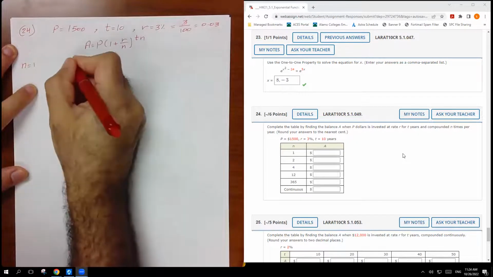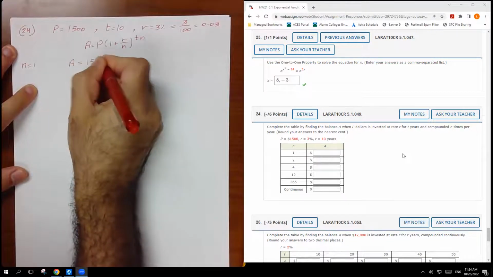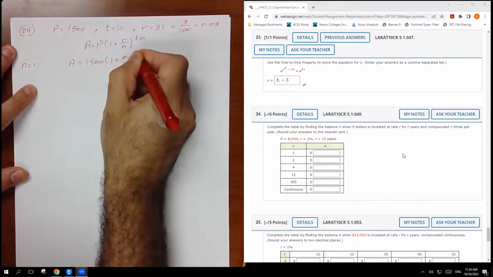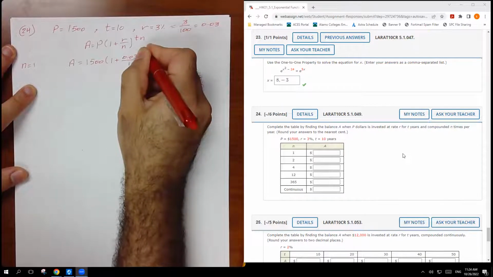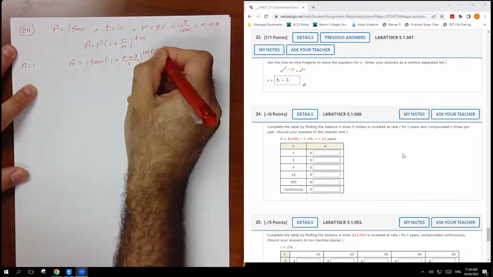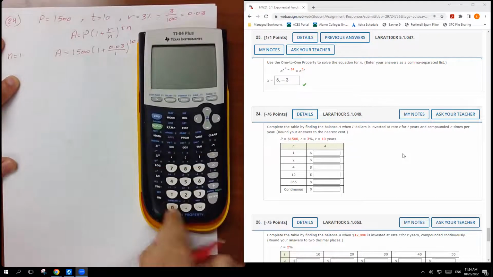That means the balance is going to be 1500 times (1 plus the rate 0.03 divided by n, which is 1) to the power t times n. So let's plug in everything.